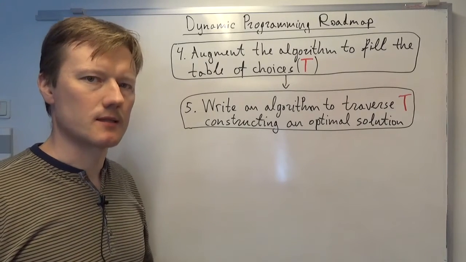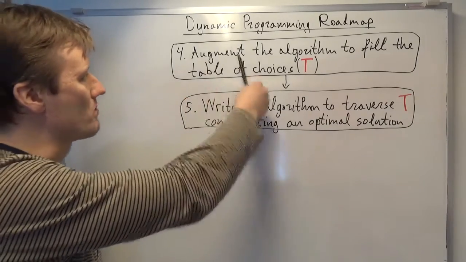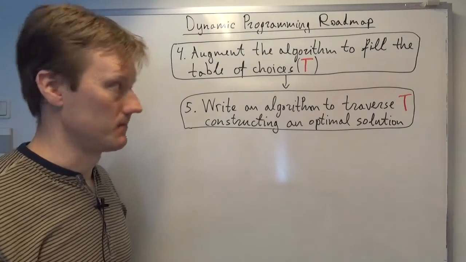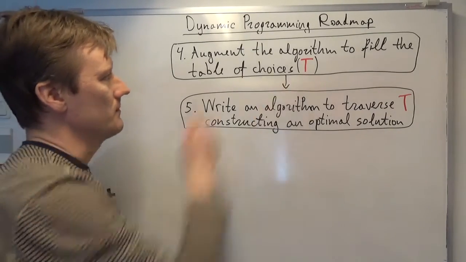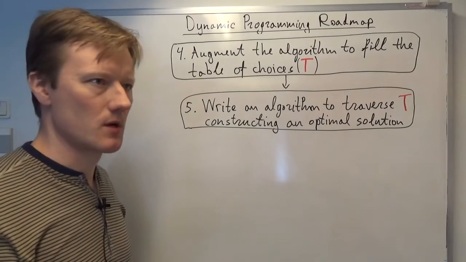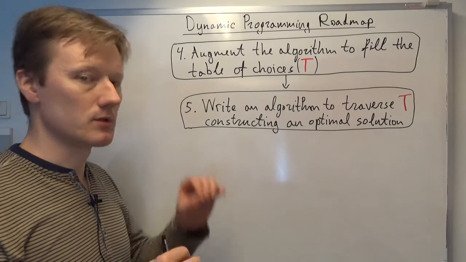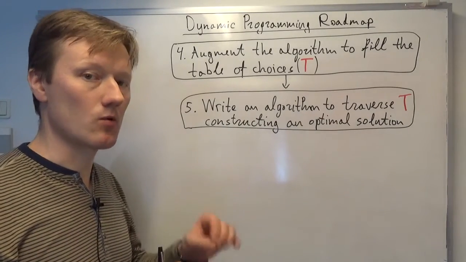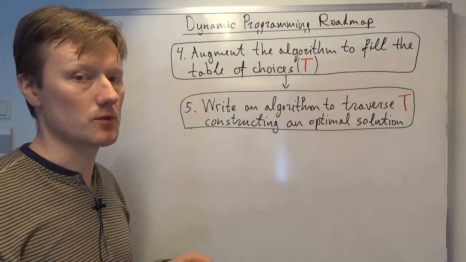Once you have that, then as the fourth step, you can augment the algorithm so that it fills another, additional table, let's call it T, which is a table of choices, which for every subproblem records the optimal local choice that one needs to make to arrive at an optimal solution.